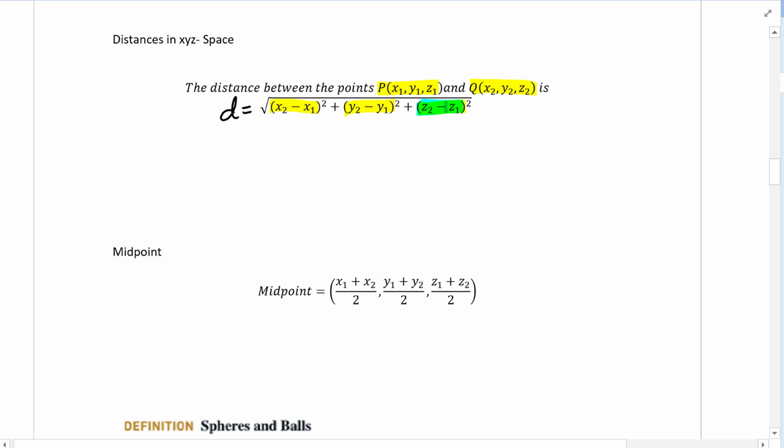This one shows up extra compared to 2 dimensions, and then the square root of that. The same with midpoint. We had x1 plus x2 over 2, y1 plus y2 over 2, but we're going to have z1 plus z2 over 2 because we are in 3D.